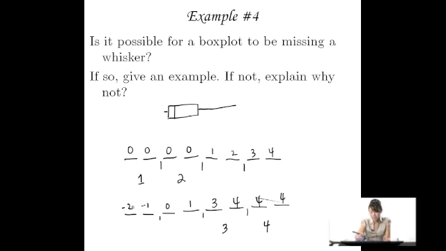So in these kinds of plots, it would be difficult to arbitrarily say, well, 4 is the boundary for the whisker as well as the box, right? I mean, it can't be both, right? So these are the kinds of distributions that would be missing a whisker.